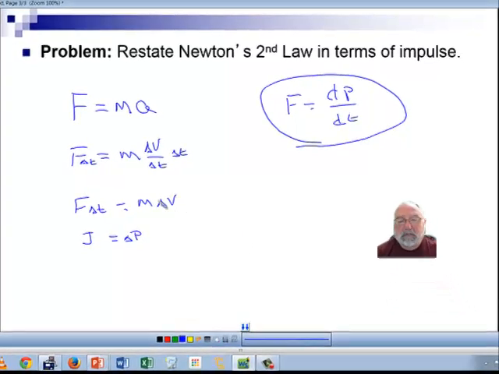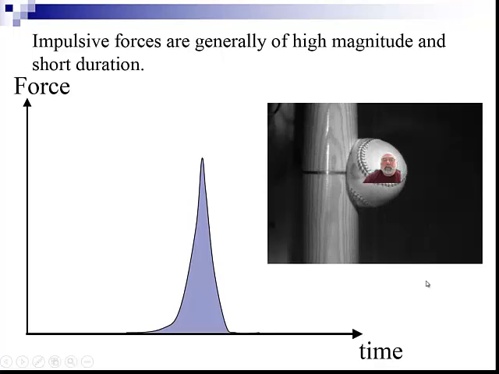Pretty cool. Okay, well, when we think of impulse or impulsive forces, they're generally very large for a very short period of time, like a baseball bat hitting a baseball. Okay, the force is very large. The force of the bat on the ball and the ball on the bat, they're the same, however, anyways.